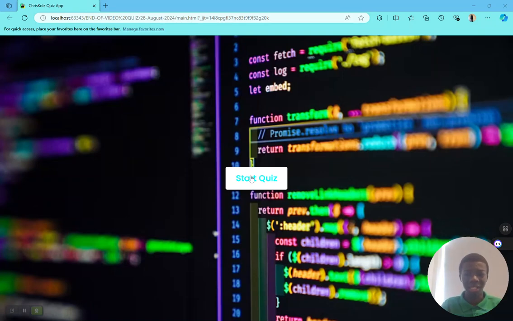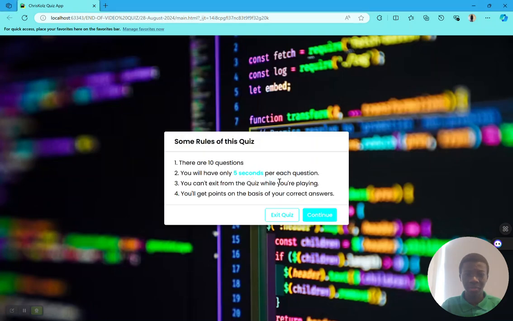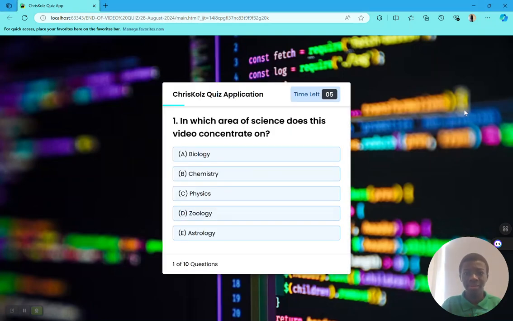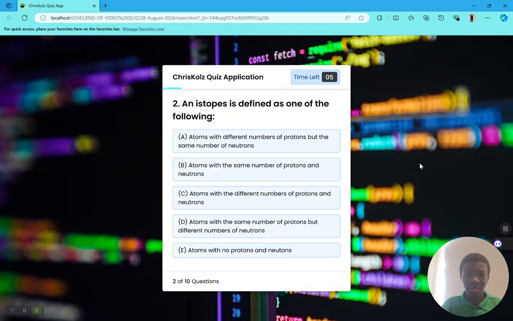I'm changing formats every day of how we do things. Alright, so let's begin the quiz. Next. Isotopes are defined as atoms with the same number of protons but different numbers of neutrons.